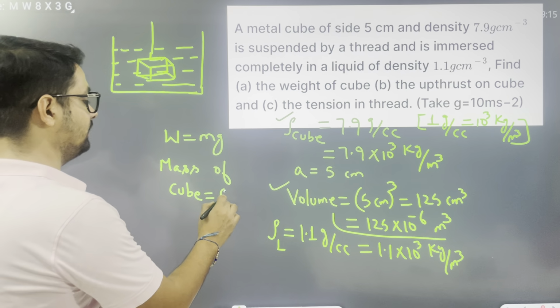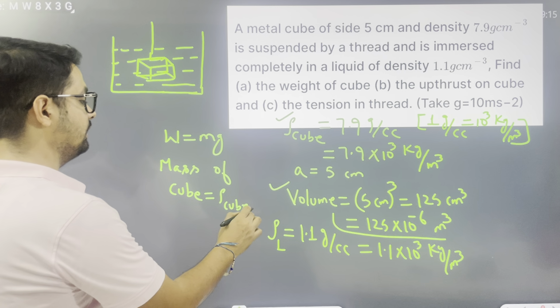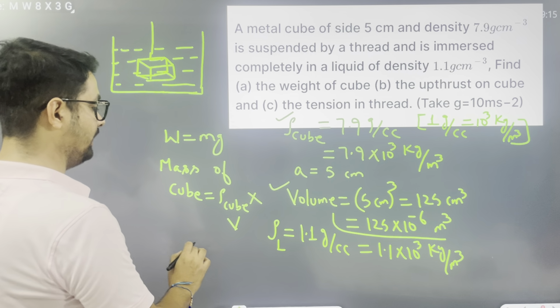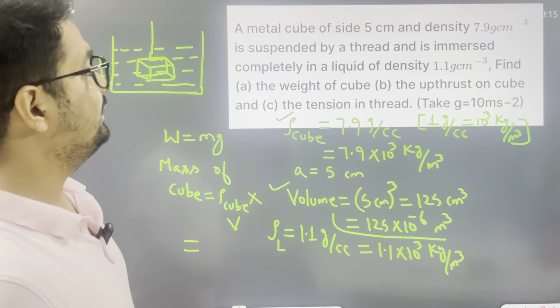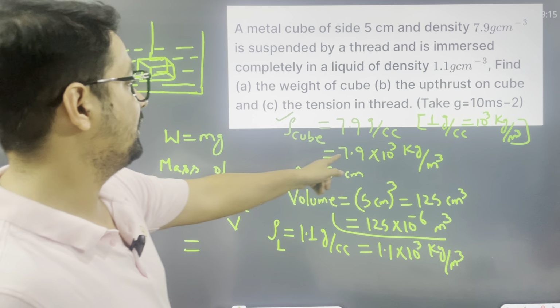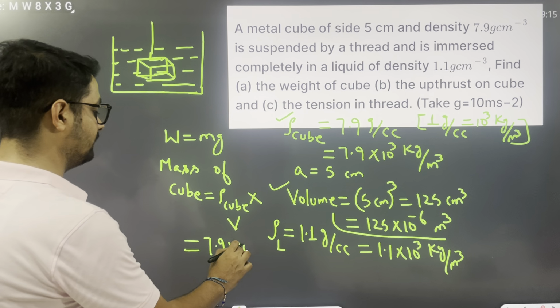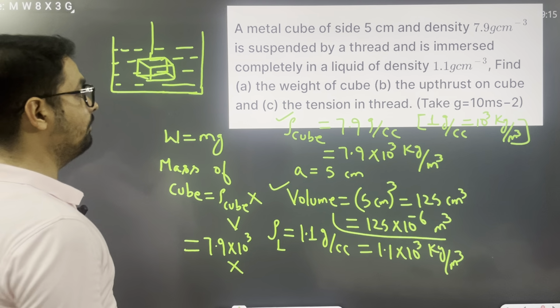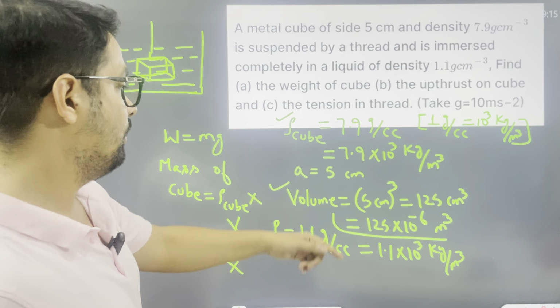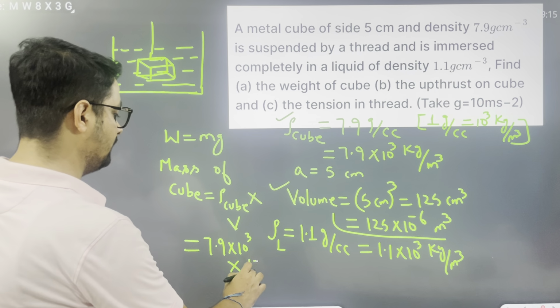So the density of the cube into the volume of the cube. The density of the cube we found already, 7.9 into 10 to the power 3. The volume of the cube is 125 into 10 to the power minus 6.